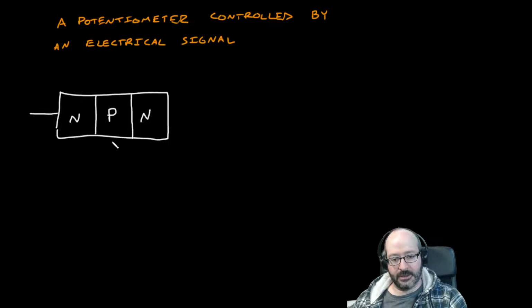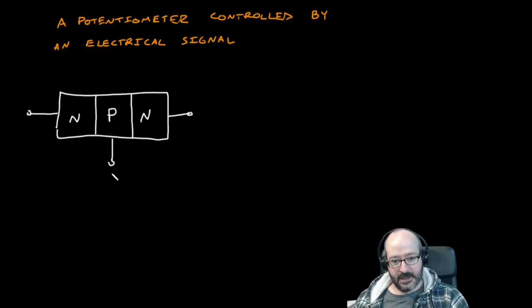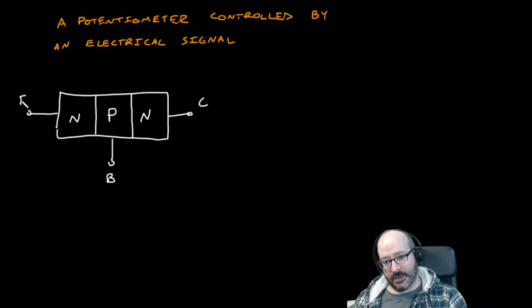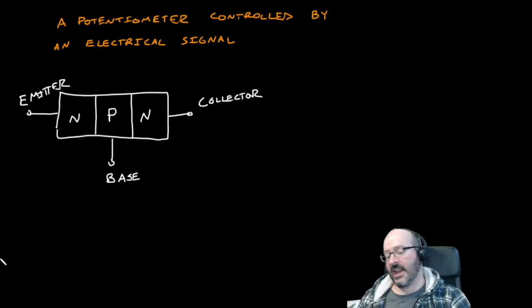Okay, typically used to amplify positive signals. All right, and there's some differences. This is a really simplistic model, but it's the one that gets used, right? And we call this the base. This one could be the collector, and this one can be the emitter. Okay, so where the diode only had an anode and a cathode, now we have a base, an emitter, and a collector.